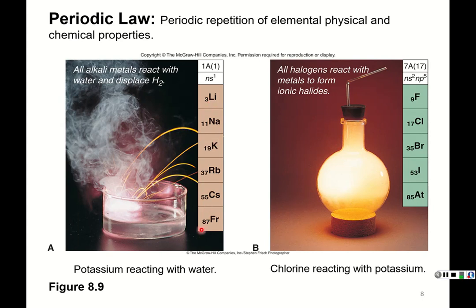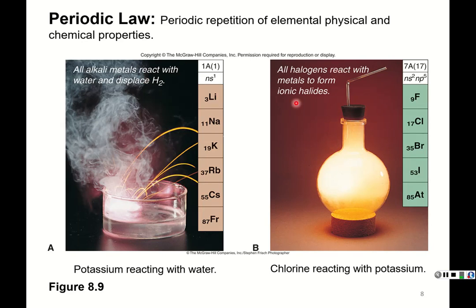And so that whole family, you could match them together and group them together just based on how they reacted with water. And we know today that's because they have the same valence electron configuration, where that electron is very easy to remove, and actually reduces hydrogen gas from water.